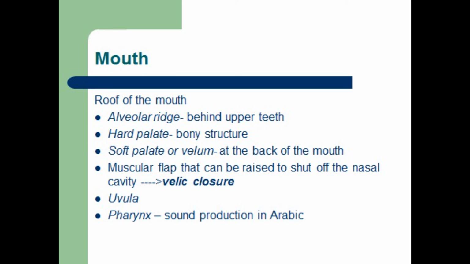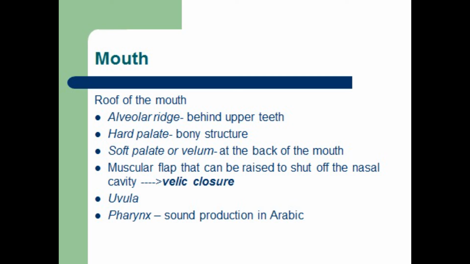Then the soft palate or velum at the back of the mouth. It is a muscular flap that can be raised to shut off the nasal cavity. It is called the velic closure. Then after that we have the uvula, and at the end we have the pharynx.